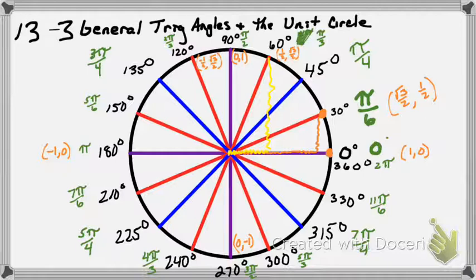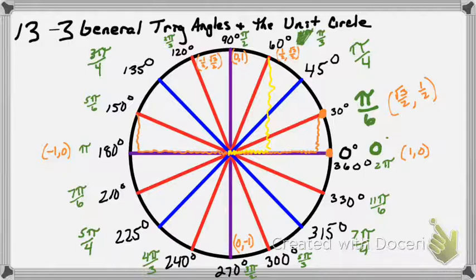Does anybody know how we would get to 150? What are we doing to get out there? What do you think we're going to do? Anybody have any ideas? Colton. Negative square root of 3 over 2. Uh-huh. 1/2. So we're going negative long distance, positive short distance.